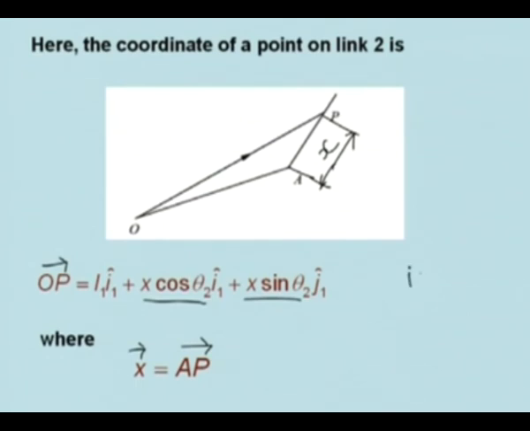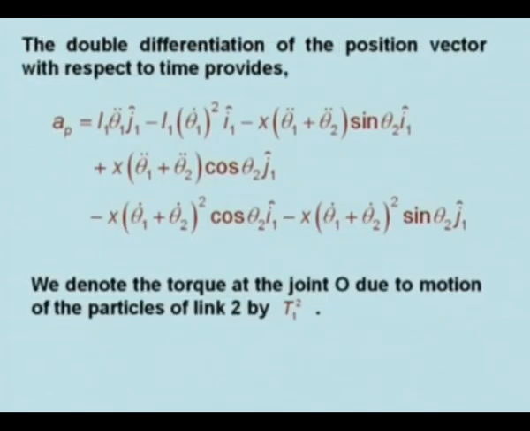We know that if you differentiate the unit vector I, I dot is omega into j, and j dot is equal to minus omega I. These things we have to remember.